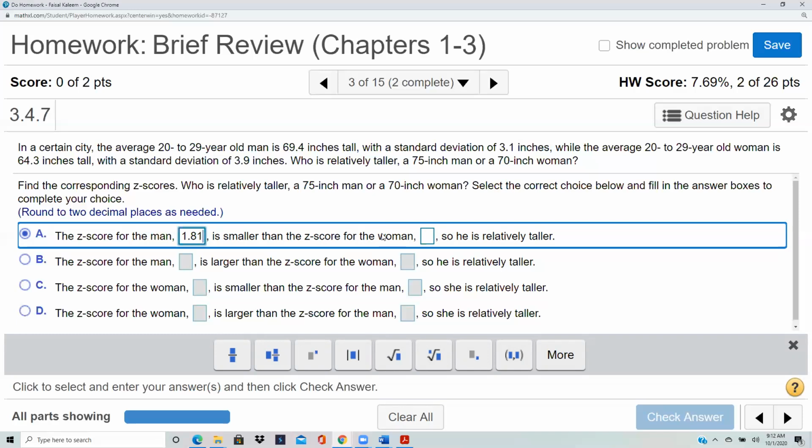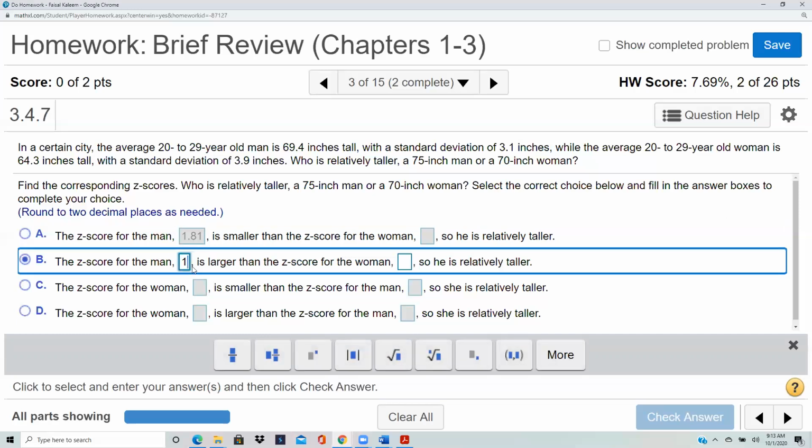And it's going to be 1.46. So actually the man is taller than this one. 1.81 and 1.46.